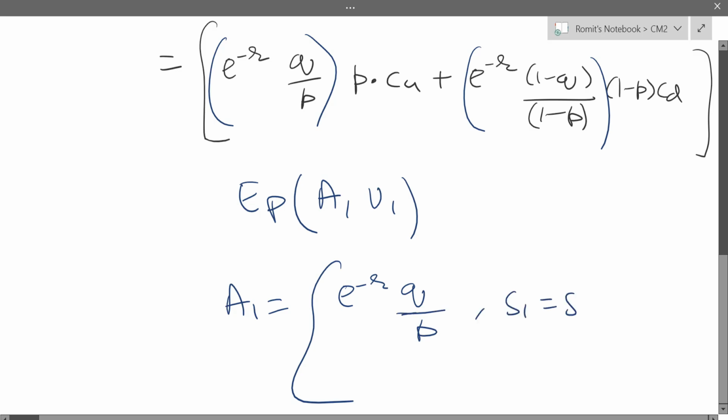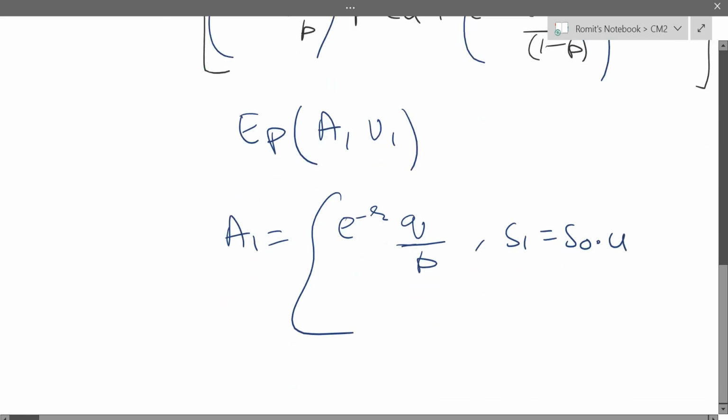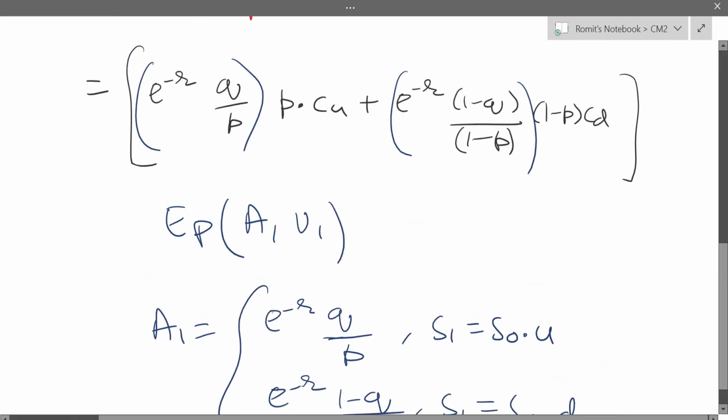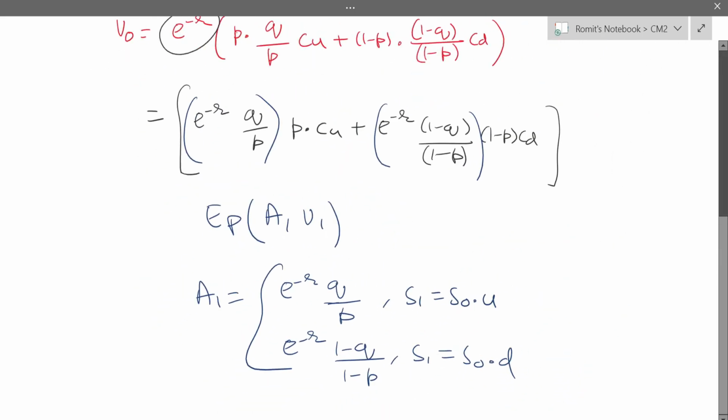So S1 is equal to S0 times u, and e to the power of minus r into 1 minus q by 1 minus p when the price goes down, S0 times d. Okay, so these are the two different scenarios that we are working with, and these are the two different values.